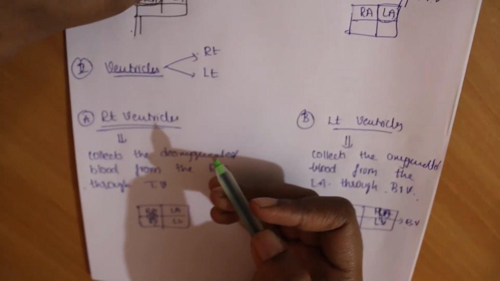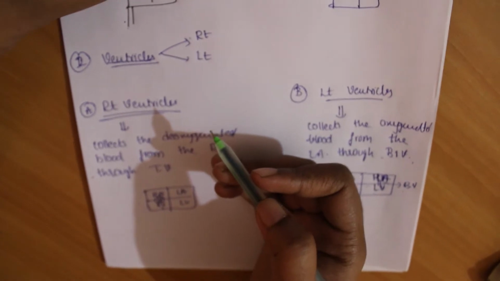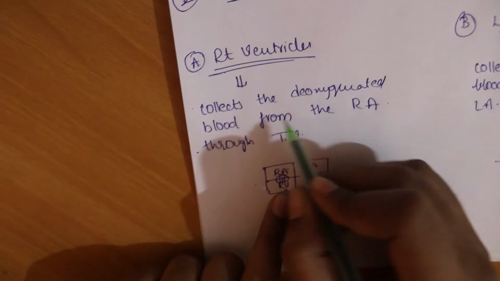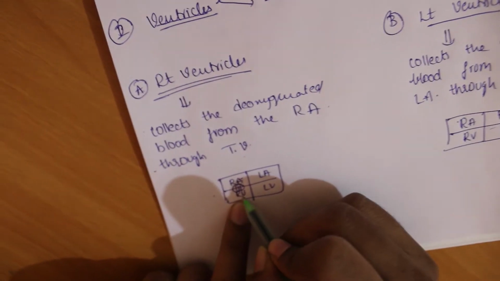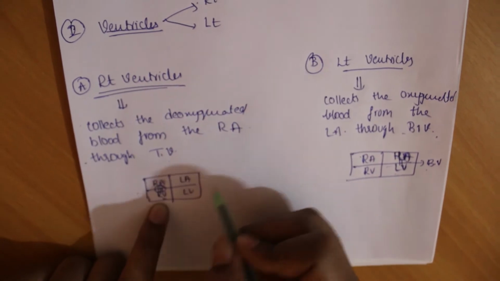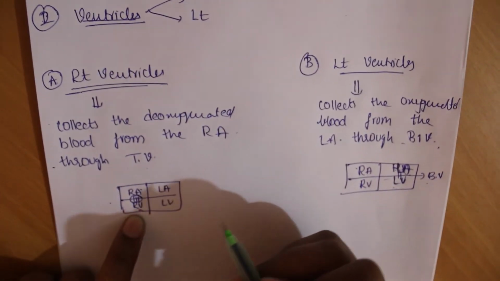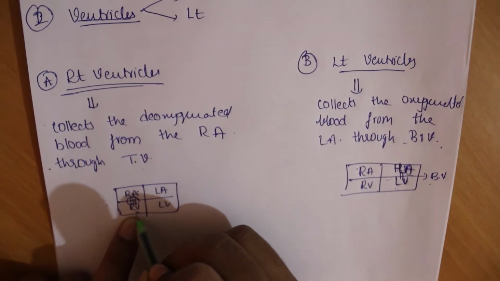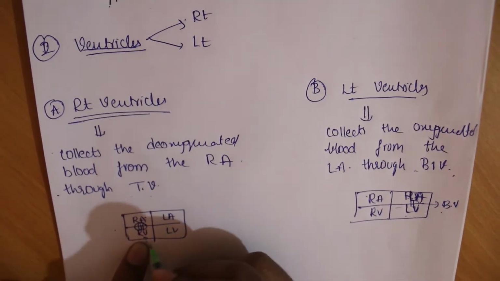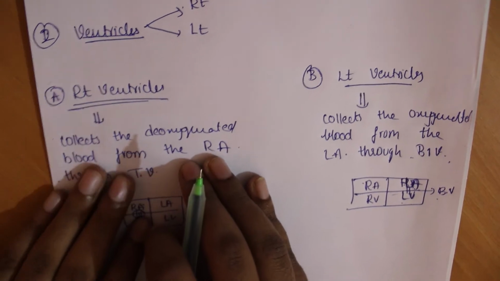When it fills the right auricle, it signals the tricuspid valve to open into the right ventricle. By the signal passing to the valve, it stimulates the blood to enter the right ventricle.